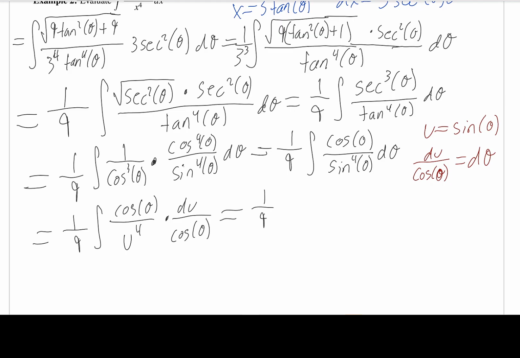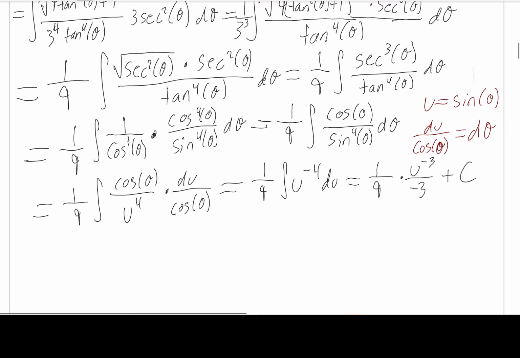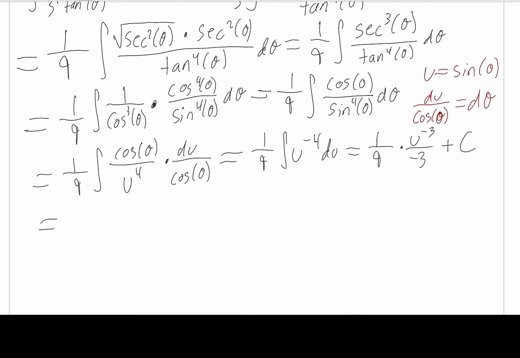So this is 1/9 times the integral of u to the negative 4th du, which will give us 1/9 times u to the negative 3 over negative 3 plus c, which will give us negative 1 over 27 u cubed plus c. Plugging in for u, this will give us negative 1 over 27 sine cubed theta plus c.